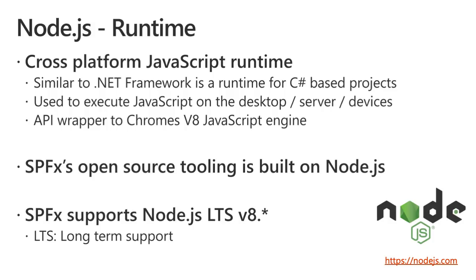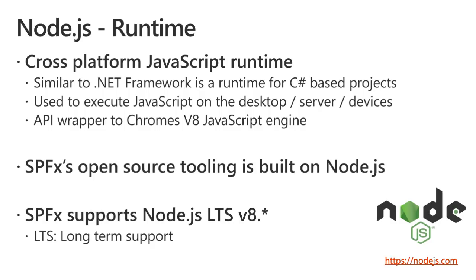So just to go into a little more depth here, Node.js is a cross-platform JavaScript runtime, and it pretty much serves the same role as the .NET Framework does for C#-based projects. All of the SharePoint Framework's open source tooling is built on top of Node.js, and at the time of this recording, the SharePoint Framework supports Node.js long-term support version V8.